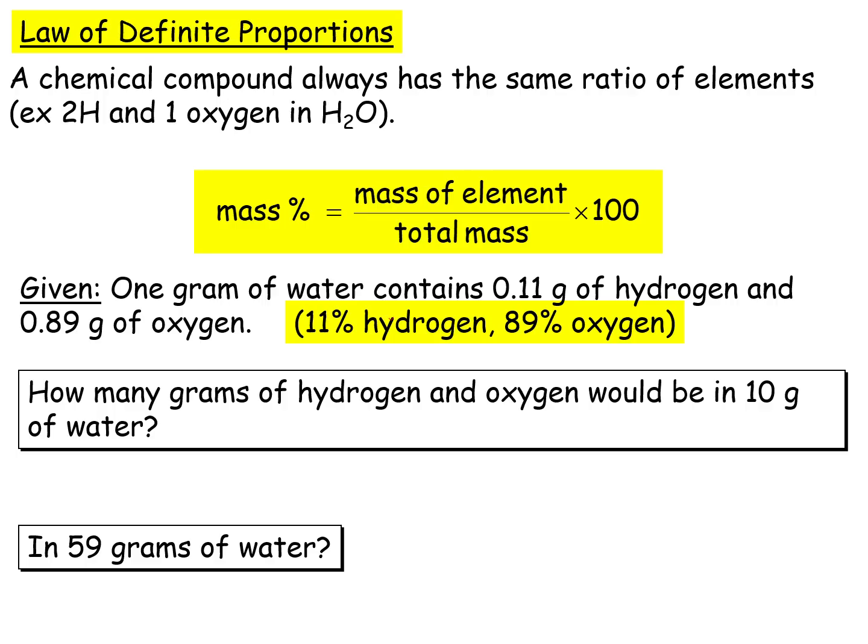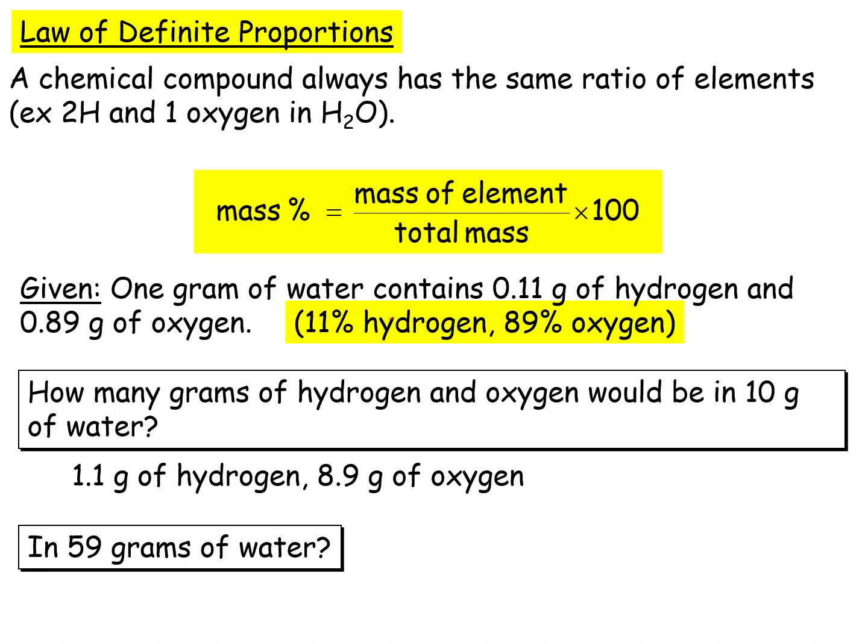So therefore, since 1 gram of water has 0.11 grams of hydrogen, that means if you had 10 times as much stuff, it would be 10 times as much hydrogen and 10 times as much oxygen. So if we wanted to figure out what it is in 59 grams of water, you could do, well, it's 59 times that initial information.